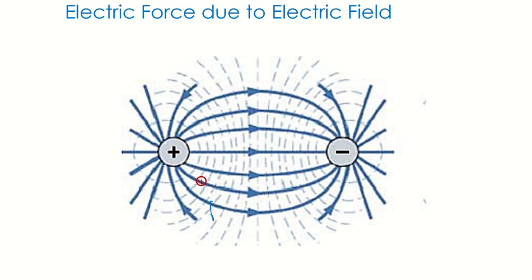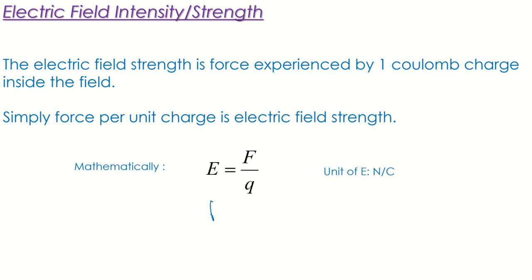Okay, how to define the strength of an electric field? We can take an example of an equation everyone knows, and if I change it in this way, W is a gravitational force and it acts on a mass.